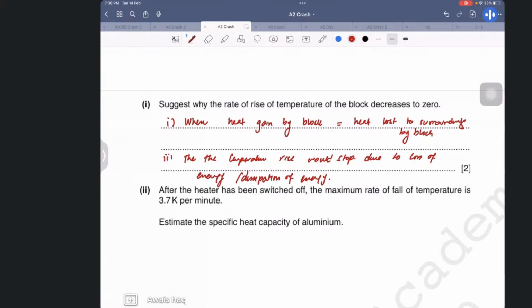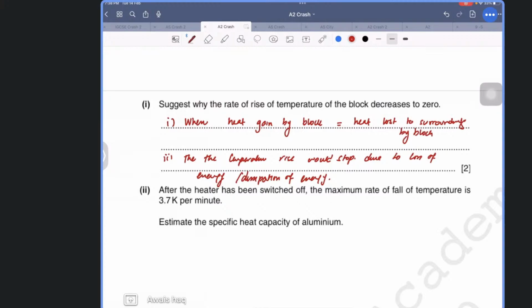Could you elaborate on that? I just explained what the heat loss is. So heat loss is basically the amount of heat that's going out to the surroundings from the system. Do you understand? I just needed to explain that.